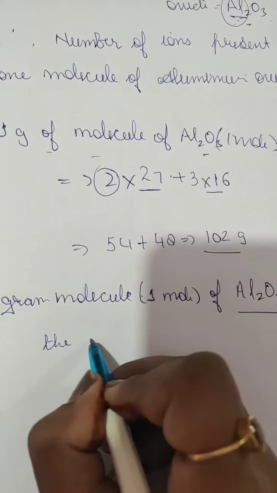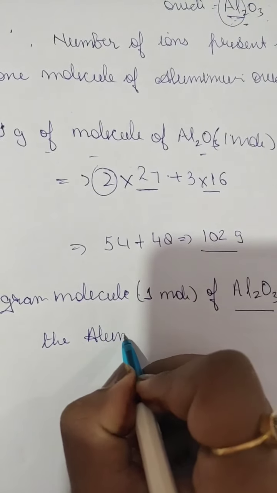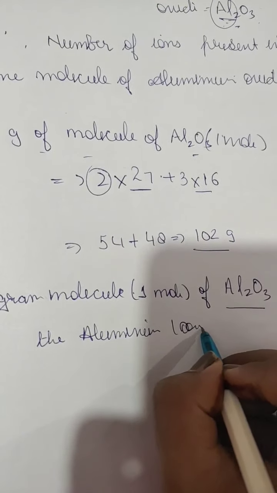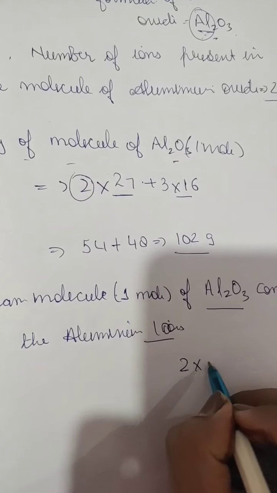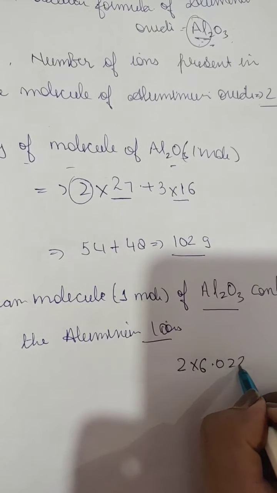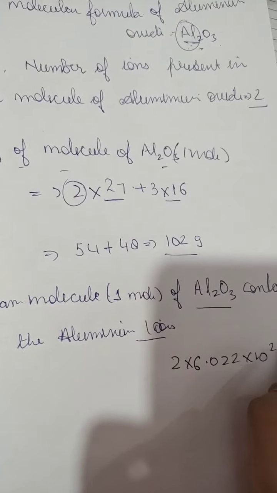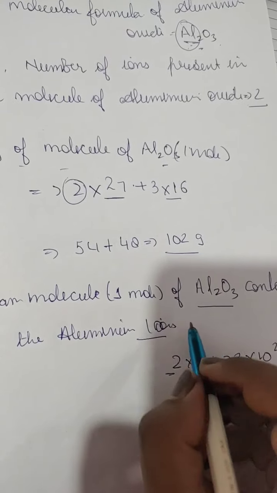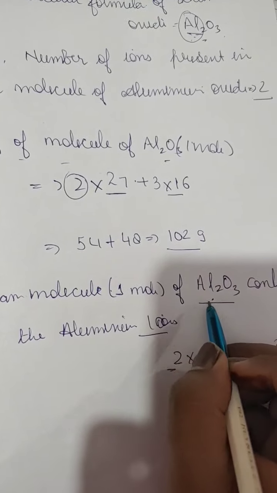It contains 2 into 6.022 into 10 to the power 23 aluminium ions, because this is the Avogadro number, and here we have 2 aluminium ions.